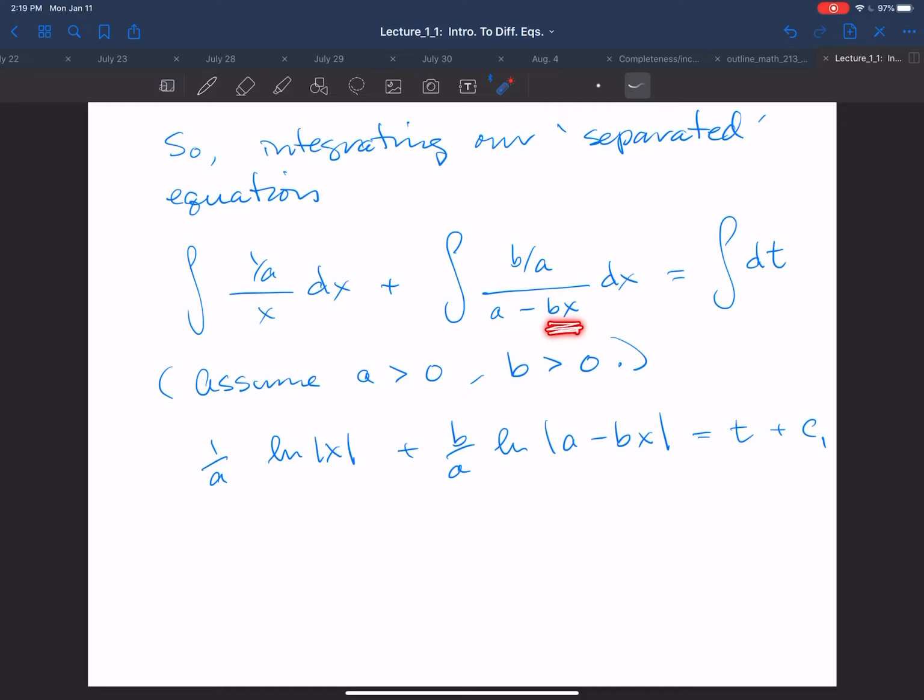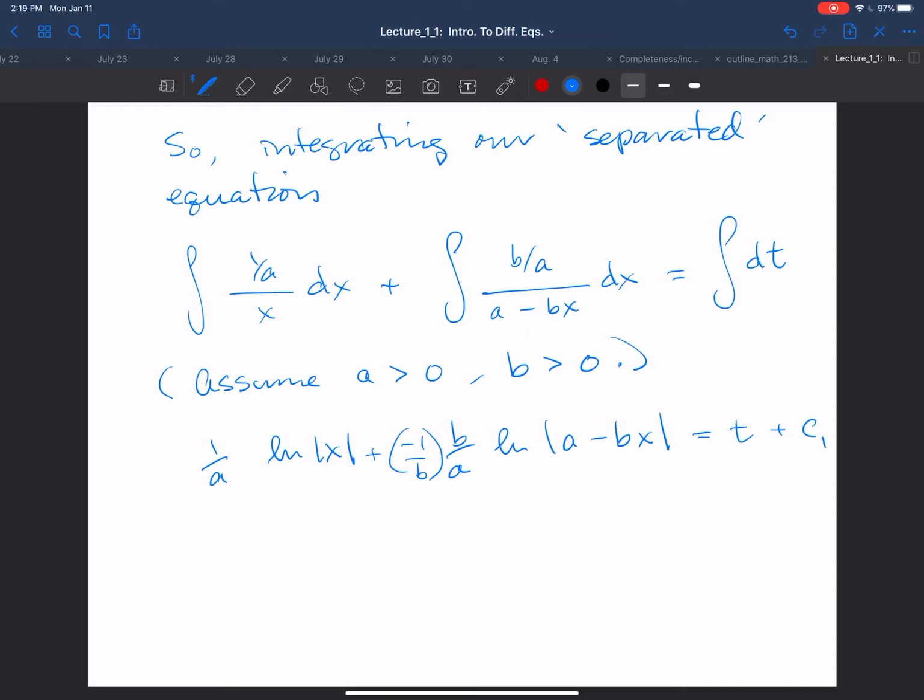So in fact, we need a factor minus 1 over b here. So performing the integration properly, we get minus 1 over b times this term.